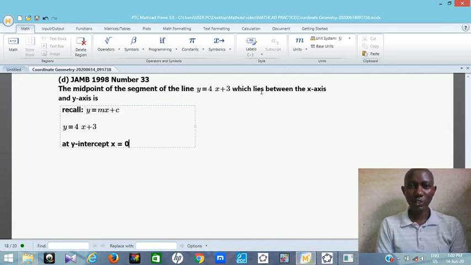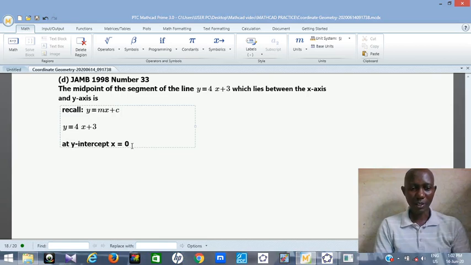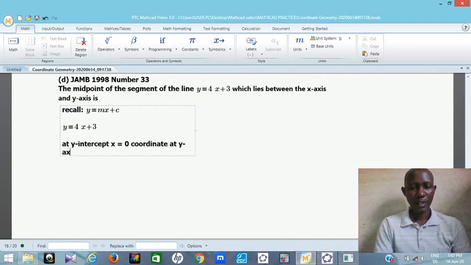So this line lies between the x-axis and the y-axis. That means we have a point now. At the y-axis, x is equal to 0, so the coordinate at the y-axis is going to be x is 0, y is 3.